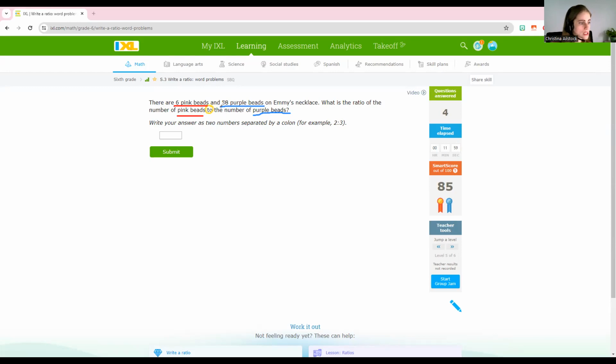When we type this out, remember that we have to go in the order that it asks us to. So 6 pink compared to 58 purple. I have it in the right number colon format. Make sure you are careful when you type this in that you don't have any typos or miss the colon, so you don't get it wrong for a typo reason like that.